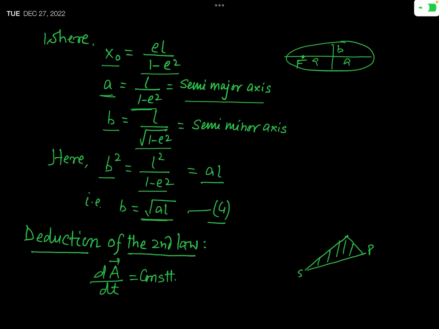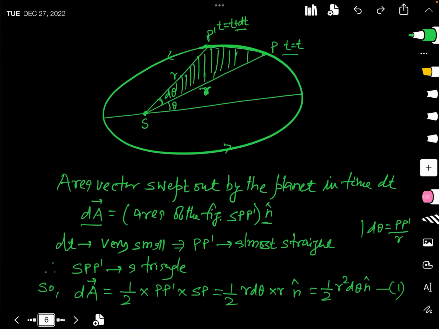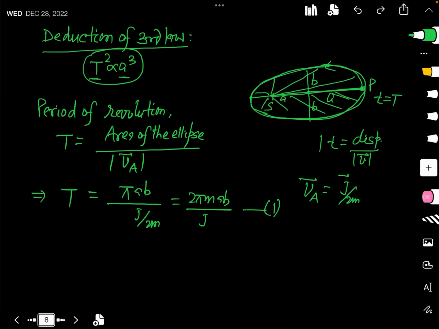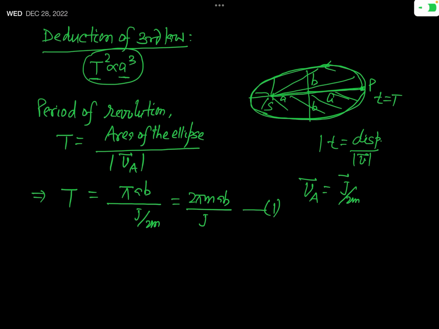We have seen in equation 4 that B is related to A by this equation. It means B equals root over AL. So if you want to express B in terms of A, you must use that relation. So now you can say that B is equal to root over AL.